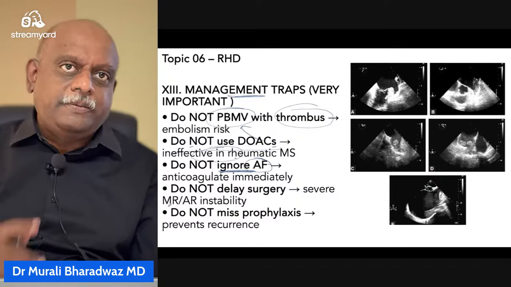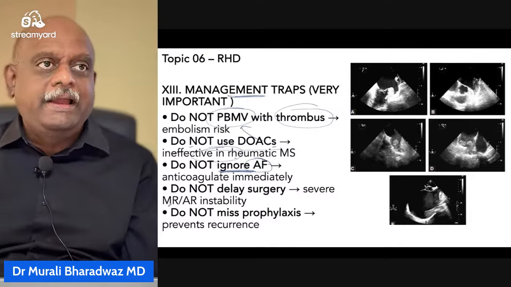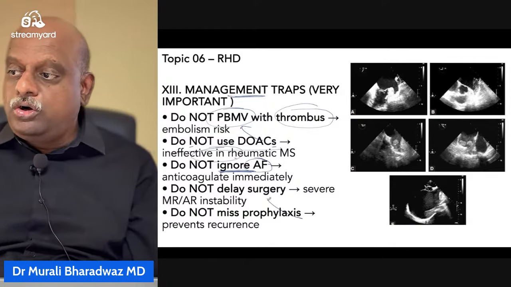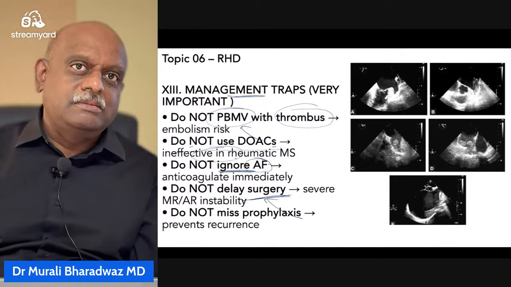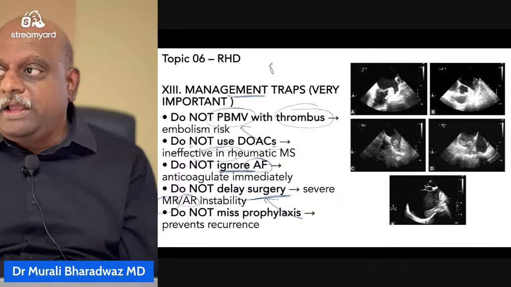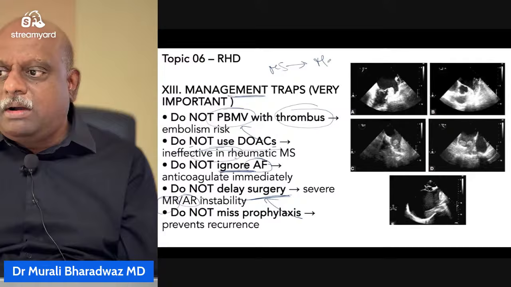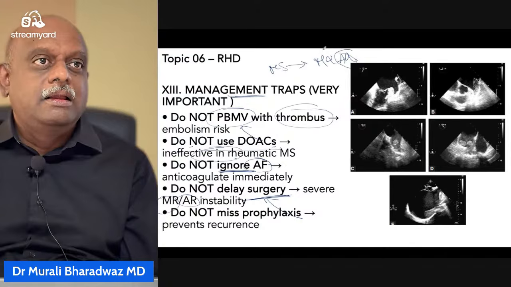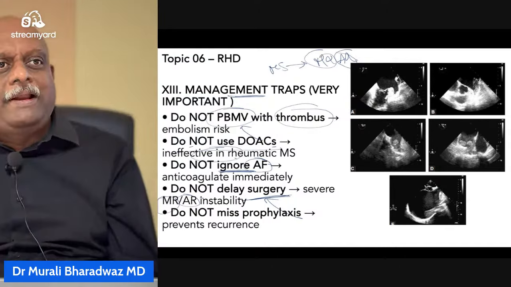If AF develops with irregular pulses, immediately anticoagulate. Don't delay the surgery, because if the MS goes into MR and AR, it is beyond the point of repair.